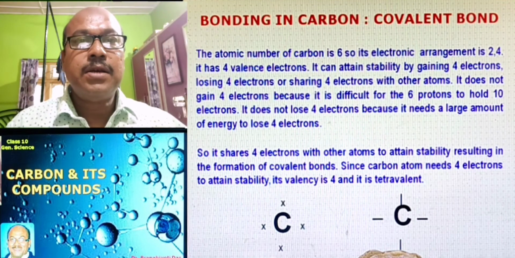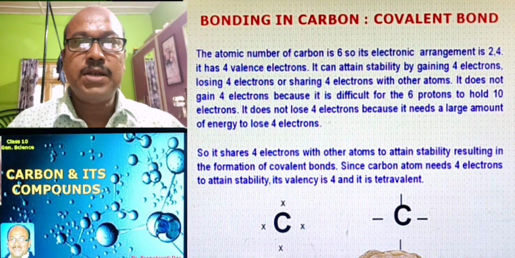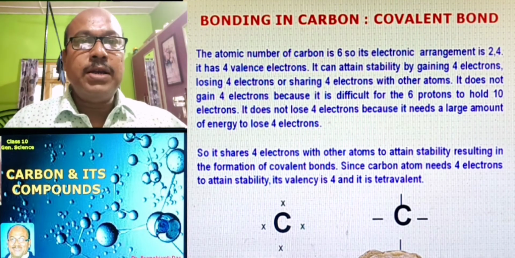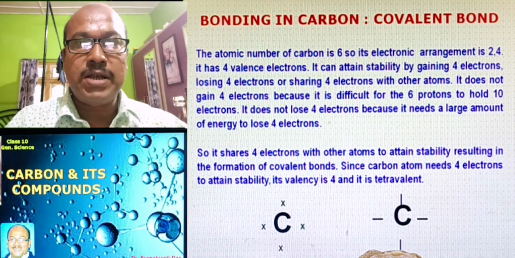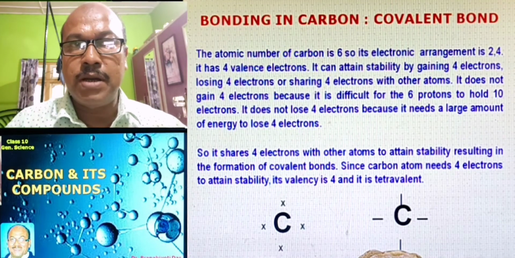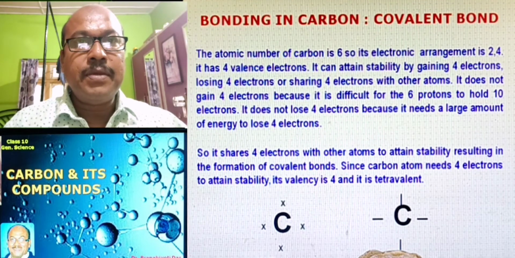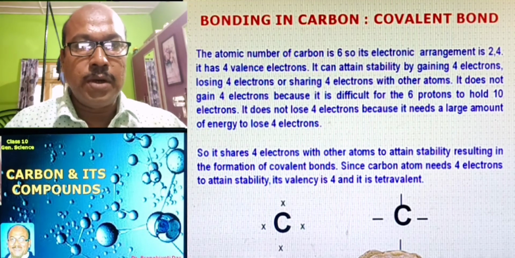For that, carbon has 2 options. One is that carbon has to accept 4 electrons from another element to make it 8, or it has to donate all the 4 valence electrons present in its outermost orbit. But neither is possible. Why is it not possible? Because in the nucleus of carbon there are only 6 protons.